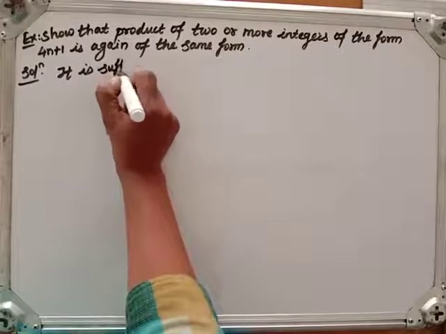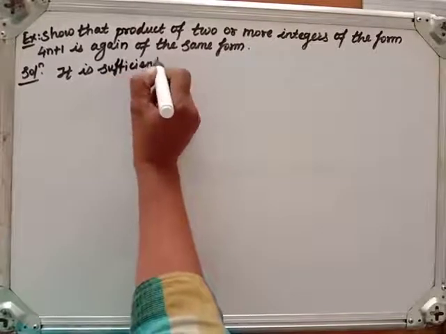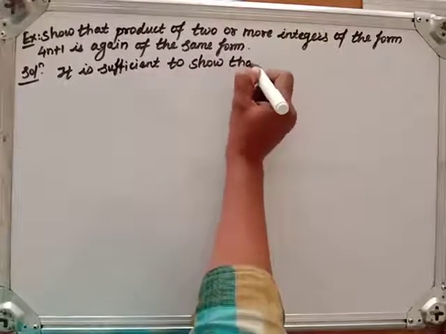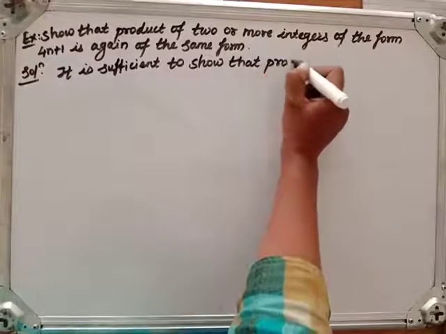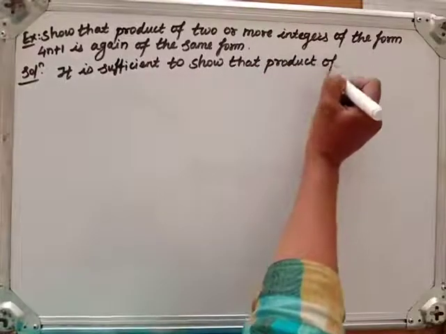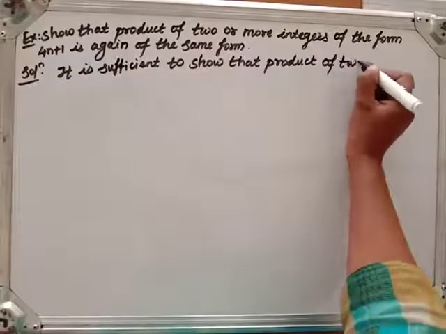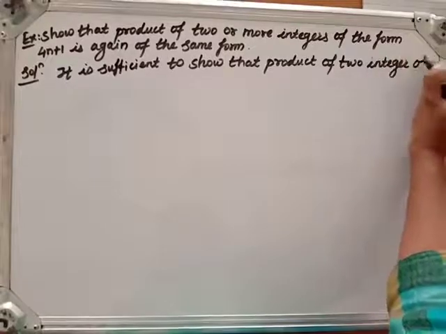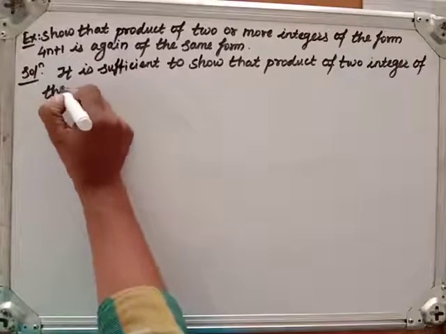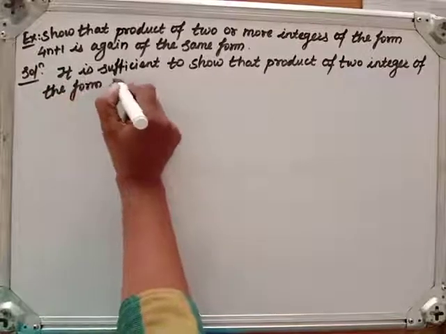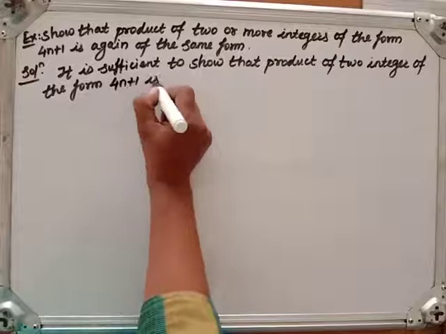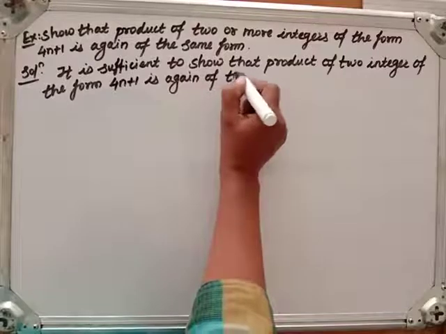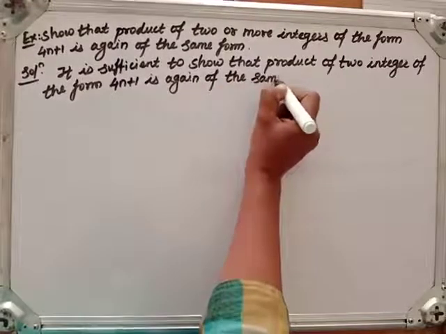It is sufficient to show that the product of two integers of the form 4n+1 is again of the same form.